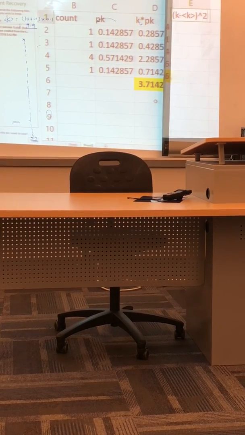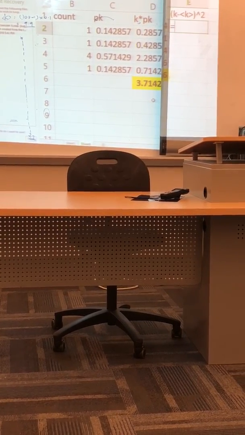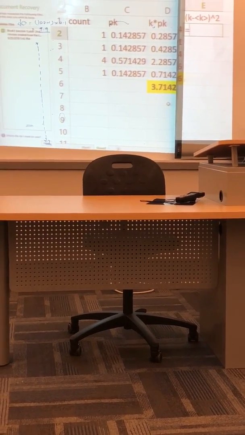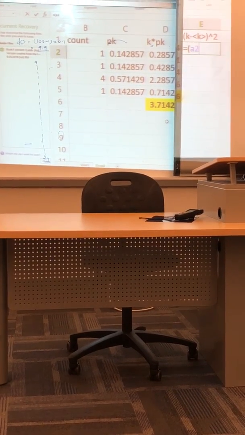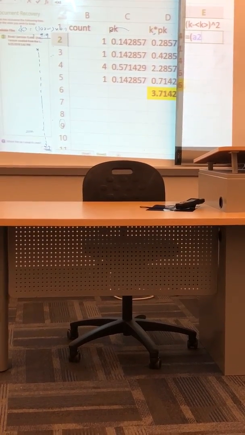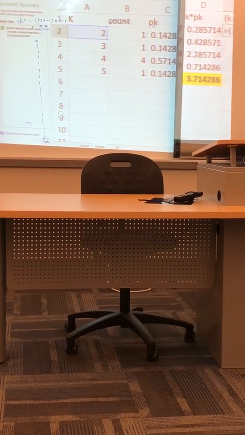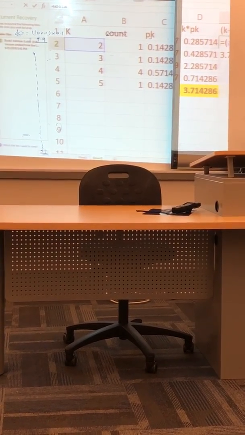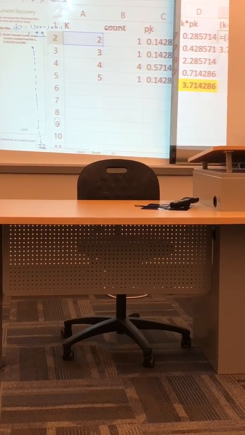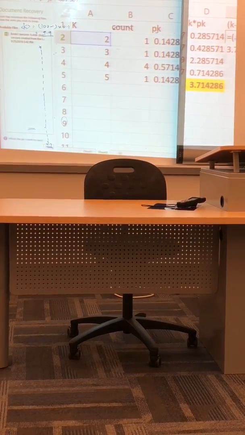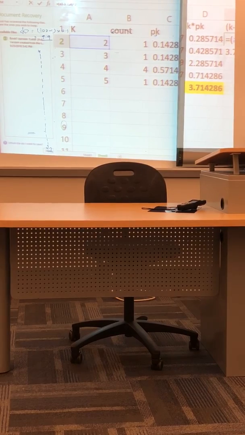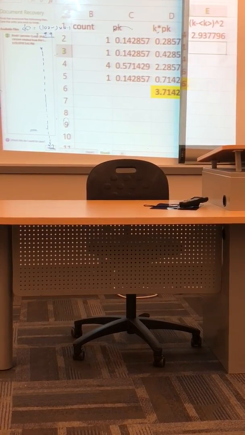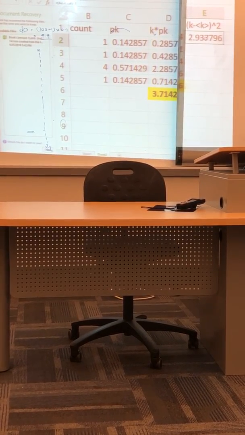So square that. K is our VA2, the number k, minus the average degree 3.714. You can use this level of precision. Square it, raised to 2. That gives k minus the average degree squared.